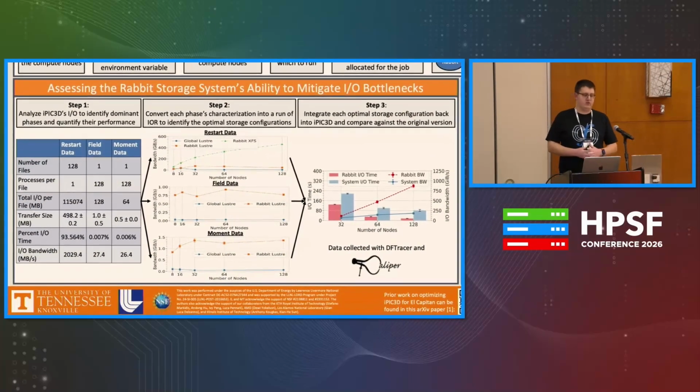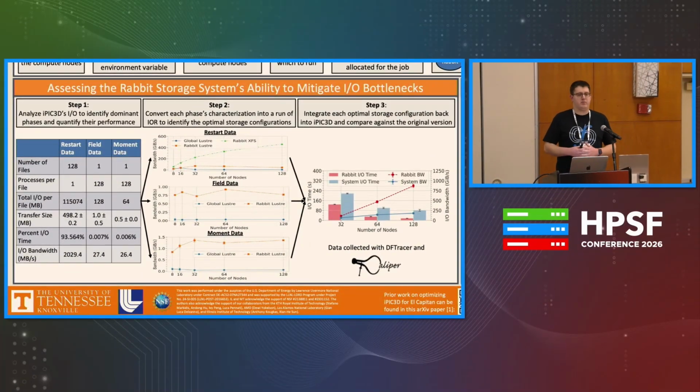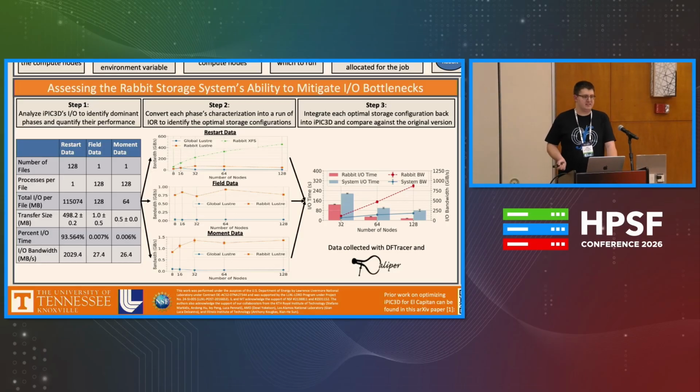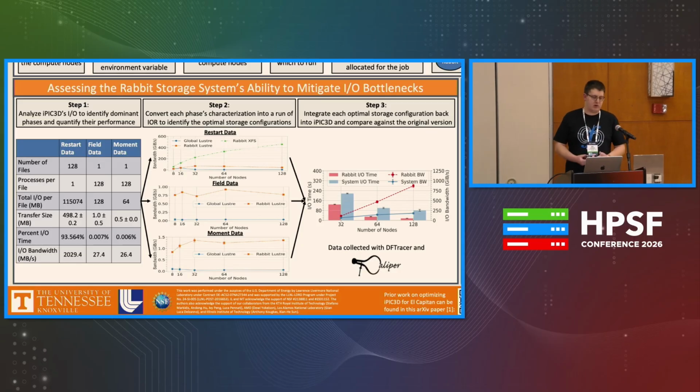Moving back a little bit to the research side, in the research work associated with this, we applied a 3-step methodology to IPIC3D to optimize its I/O and resolve that 33% 3-phase bottleneck that we talked about at the top of the poster. In step 1, we analyzed IPIC3D's I/O while writing everything out to Lustre to identify dominant phases and quantify their performance.